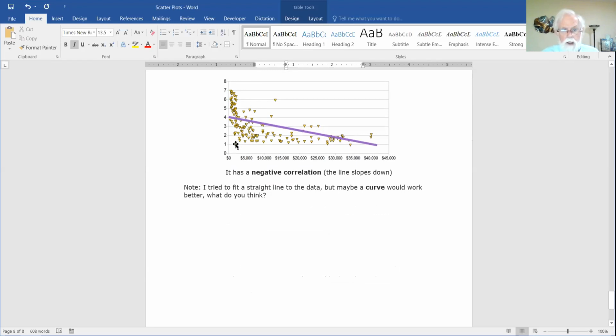Note that we start getting a great deal of spread the lower the income is. And when we get down very low, we start going way up. So that tells us that this correlation works best from about here to here. But when we get lower, there's a different correlation. Okay.